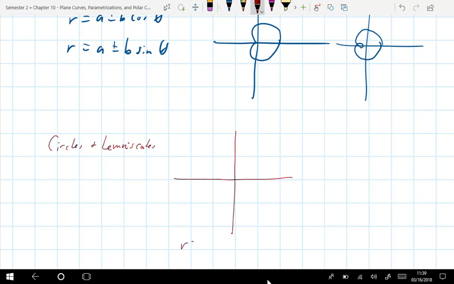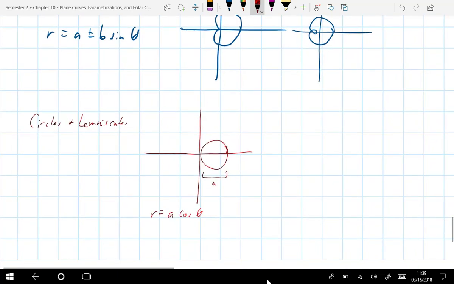So r equals a cosine theta is essentially a circle with a diameter of a. You have r equals a sine of theta. What's that going to look like? Opposite. It's just going to be up like that.